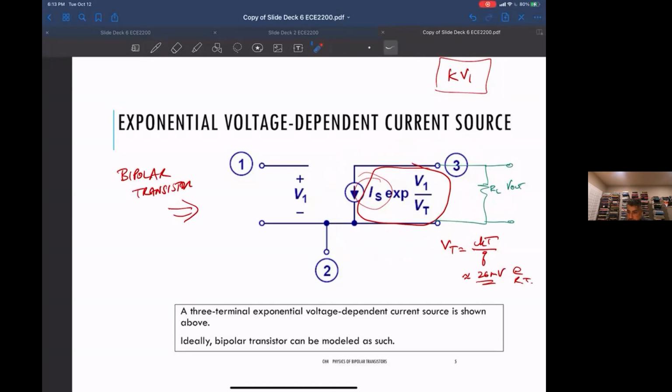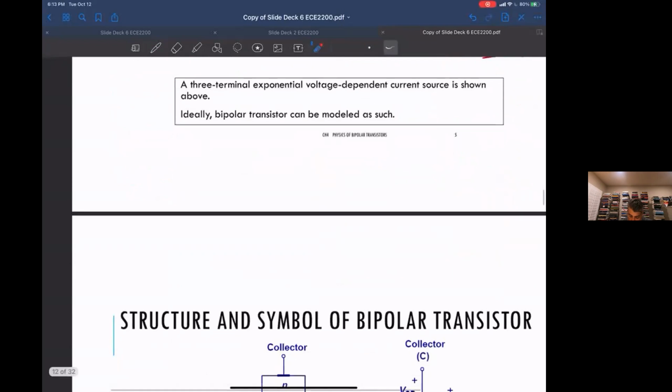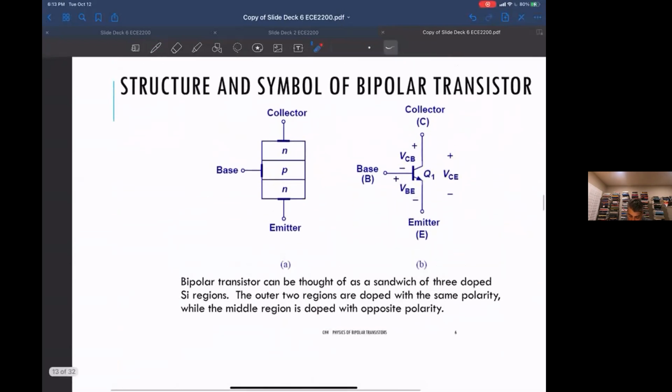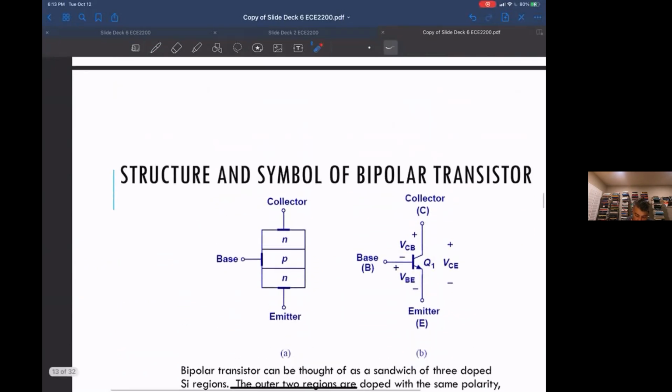Any questions, guys, so far? Okay, so what does the bipolar transistor look like? Remember, the previous circuit we were talking about was a PN junction, the diode. If I drew it, it's a PN piece of silicon.